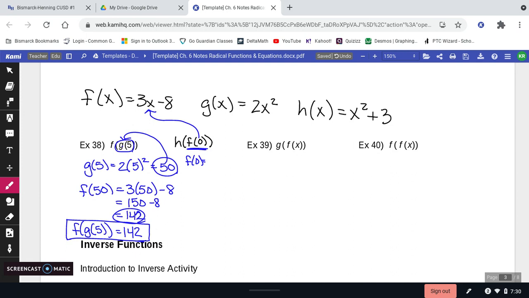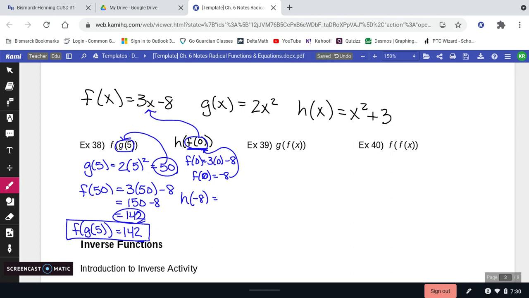So f of 0 would be 3 times 0 minus 8, or f of 0 would equal -8. Okay, so this -8 is replacing this f of 0. Now when I plug that -8 into that statement, my statement now reads h of -8.